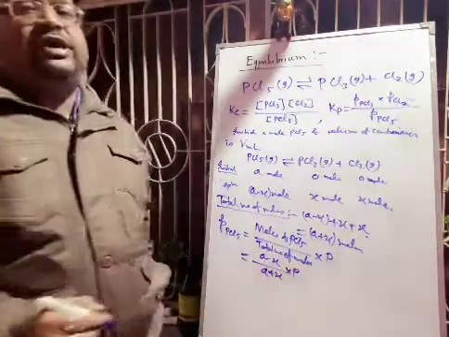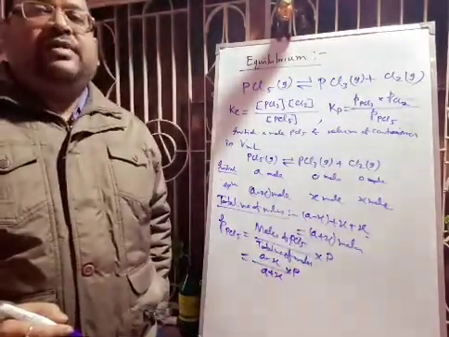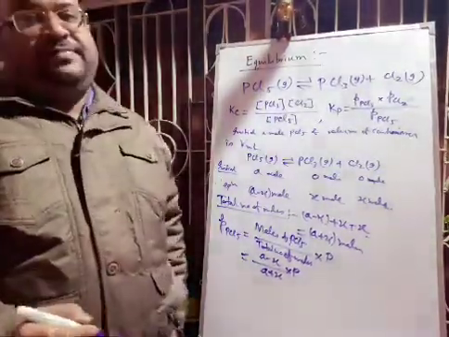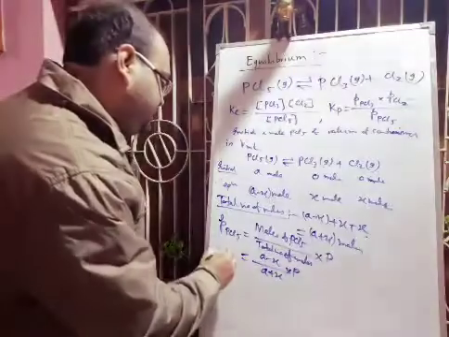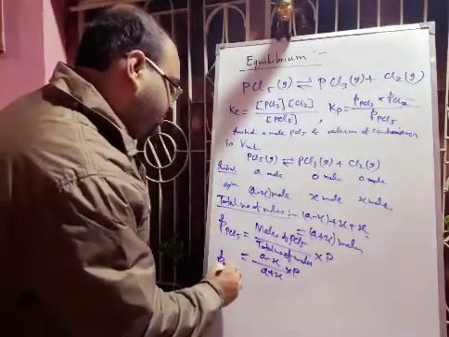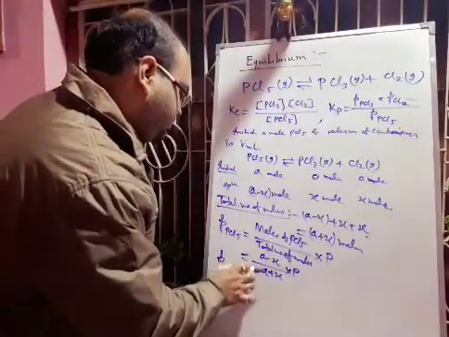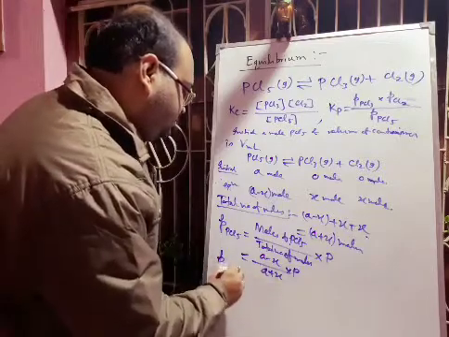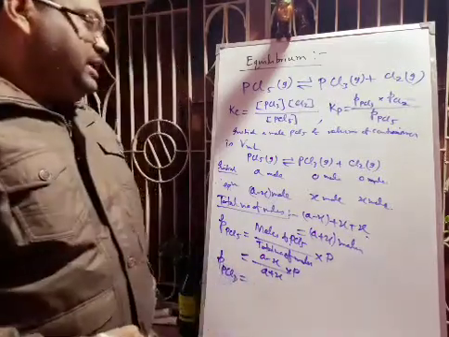In the same way, when we calculate the partial pressure of PCl3, as we are considering here, these are all gases. The partial pressure of PCl3 will be equal to what?